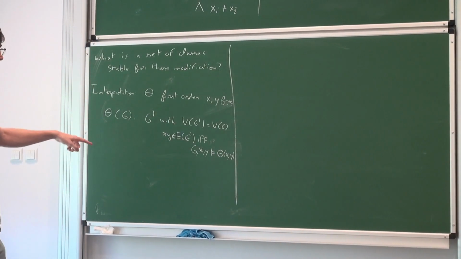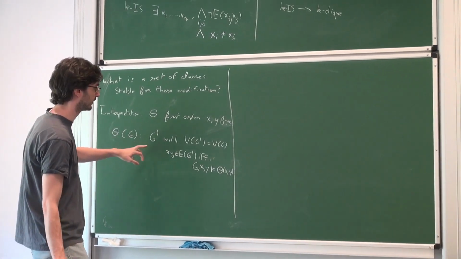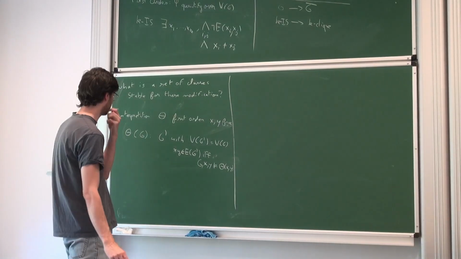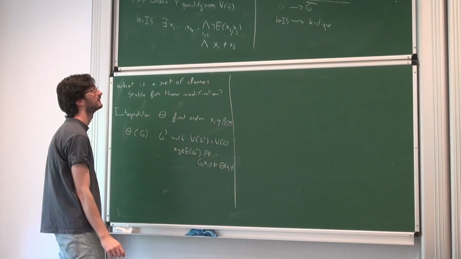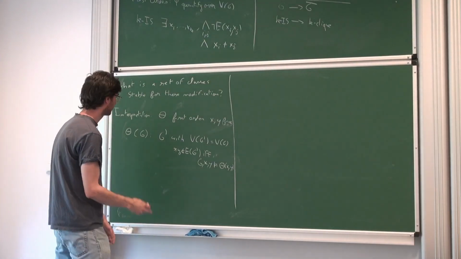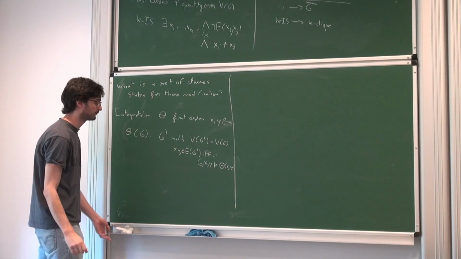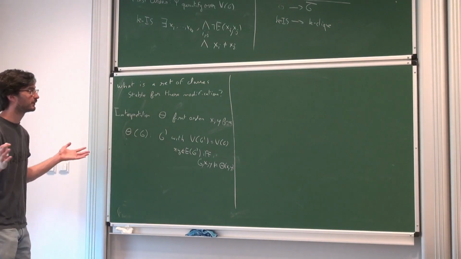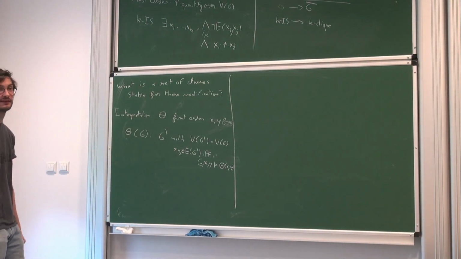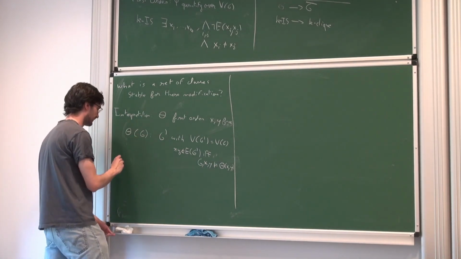In our previous example, the formula was the negation of the edge between x and y. So G prime would be the complement of G, taking theta as the negation of an edge. But we could do this for any first order formula, and then apply it to a whole class of graphs.